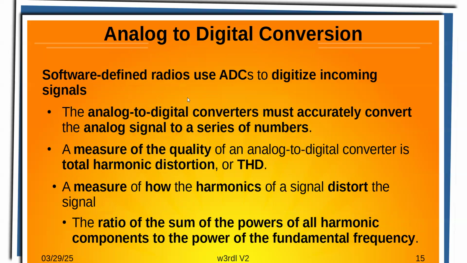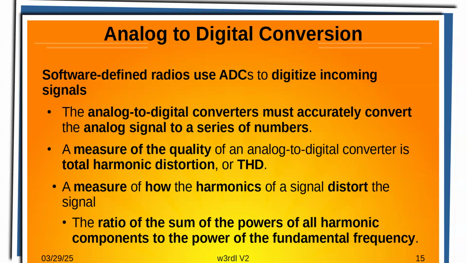One of the things in determining a good A to D is how much total harmonic distortion it generates. Because it's not a perfect device, it's not perfectly linear, so you're going to get some harmonic distortion.